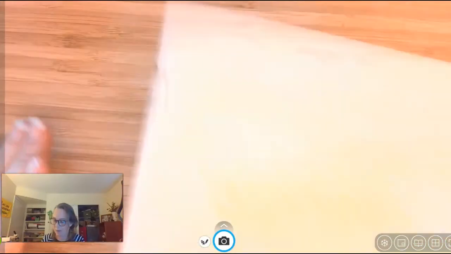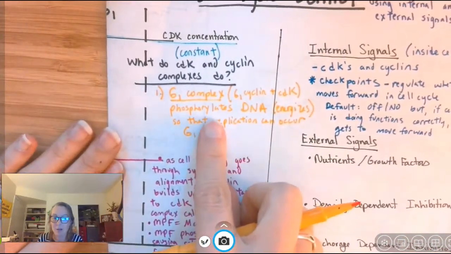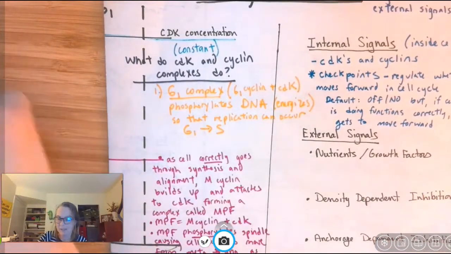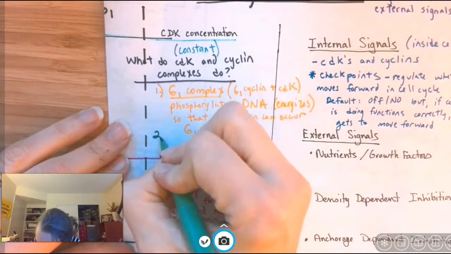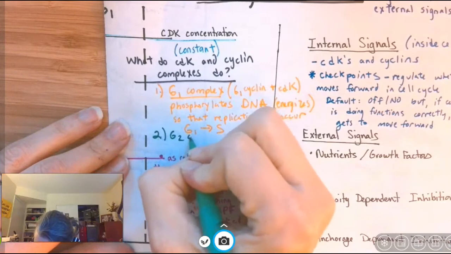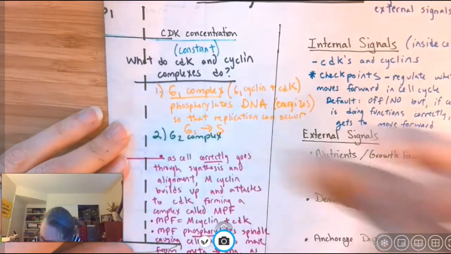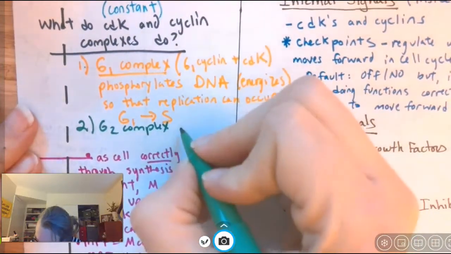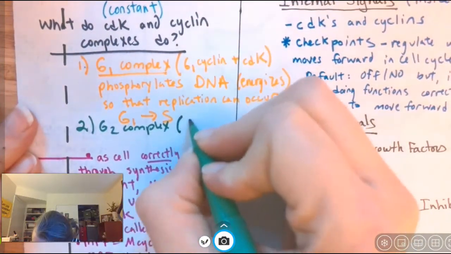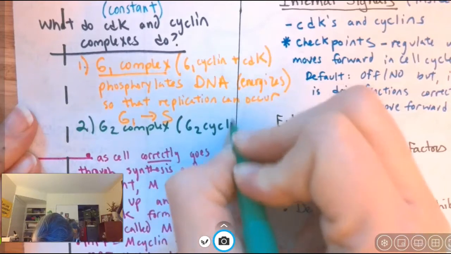The second checkpoint we're going to be talking about is the G2 checkpoint, and this is going to use our G2 complex. The G2 complex, just like the G1 complex, is going to be made up of CDK, but now we're going to use the G2 cyclin.